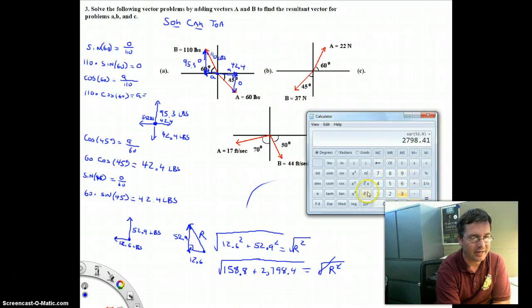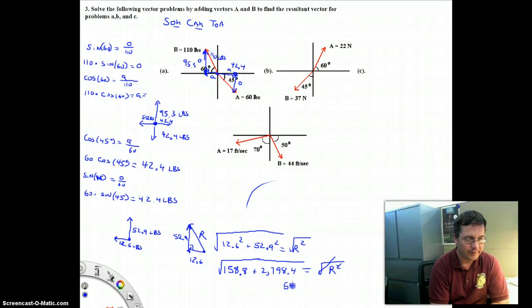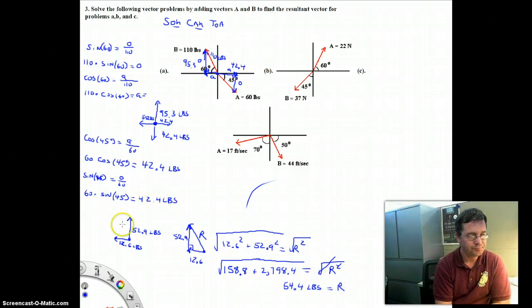So I'm going to add to that 158.8. And then I'm going to take the square root, which on this calculator is easily done by raising to the 1/2 power. So the final resultant is 54.4 pounds equals the magnitude of r.